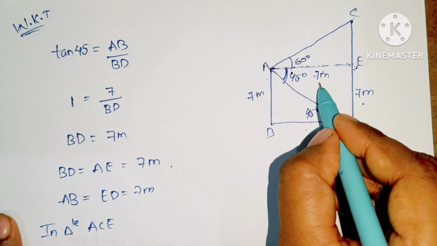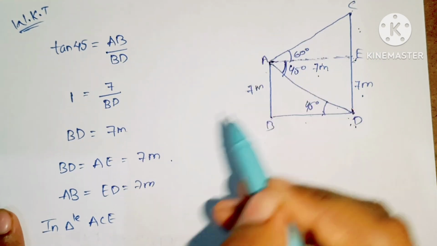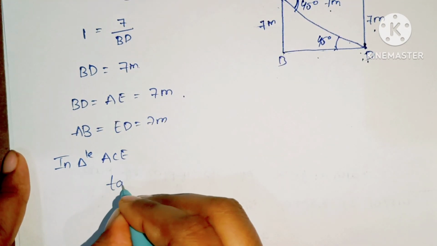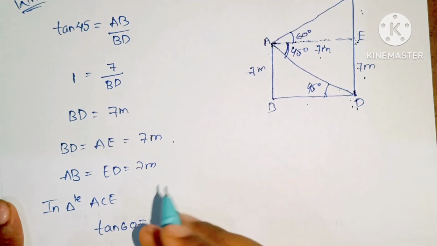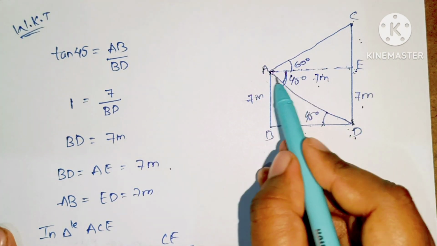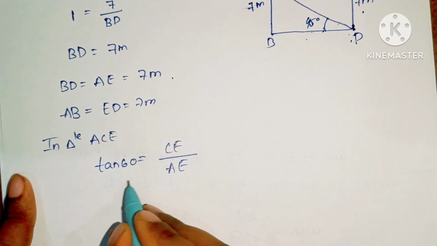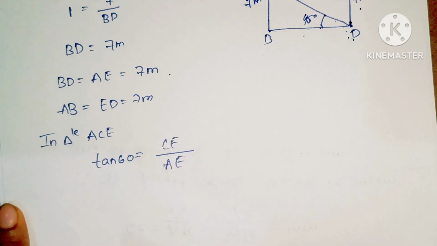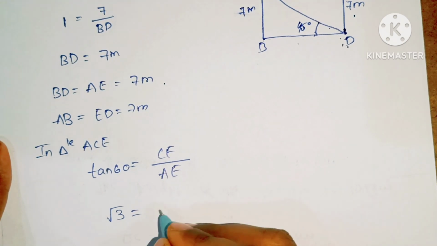Opposite by adjacent means tan 60. Tan 60 equals, for 60 the opposite is CE, by the adjacent, which is AE. Tan 60 value is root 3, equals CE, which we don't know.